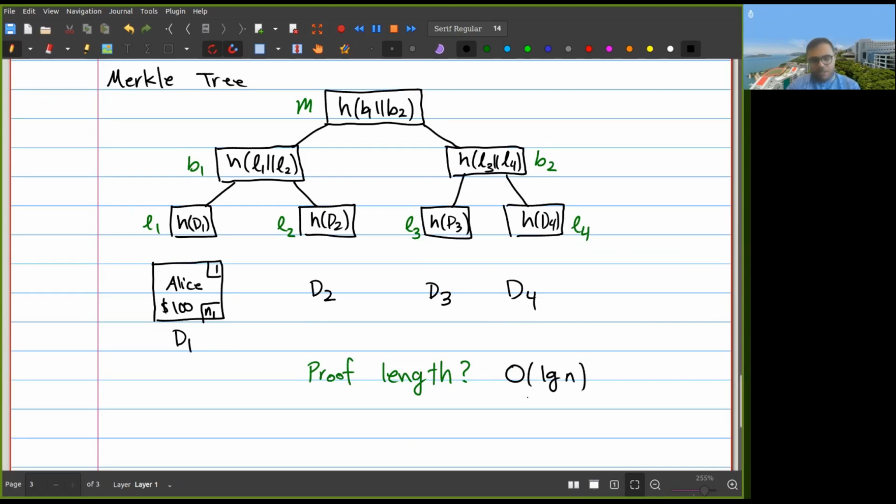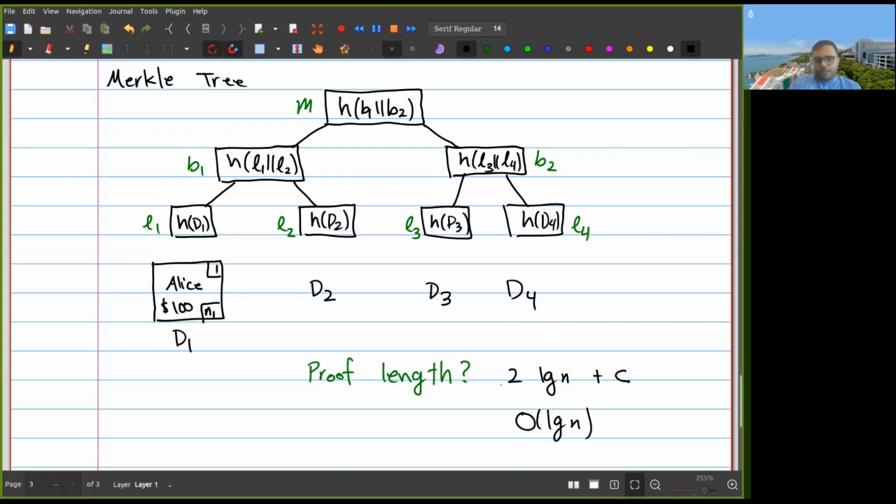Or to be much more specific, it's twice log n plus some constant, and this constant is like the overhead that you have for giving the deposit itself. I don't know how many fields you have here. You might have a lot of information in the deposit itself, but whatever it is, it's a constant value. So yes, it's O(log n).